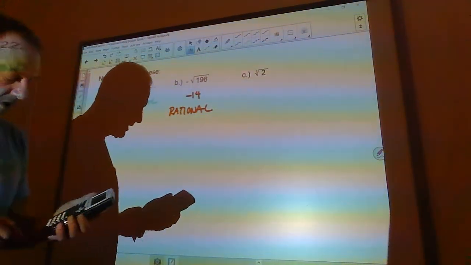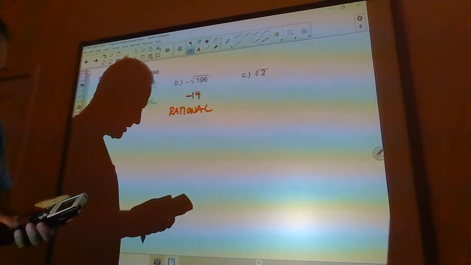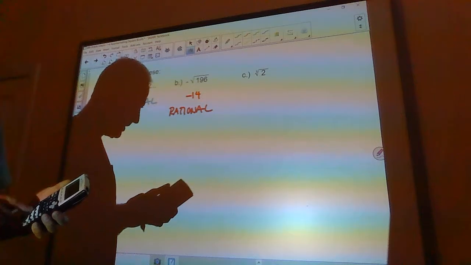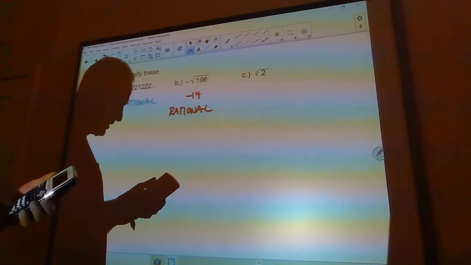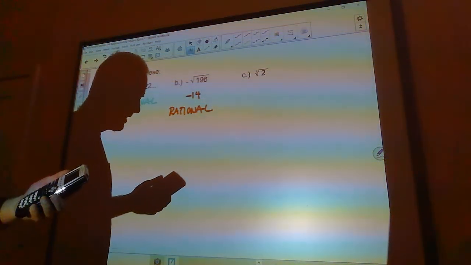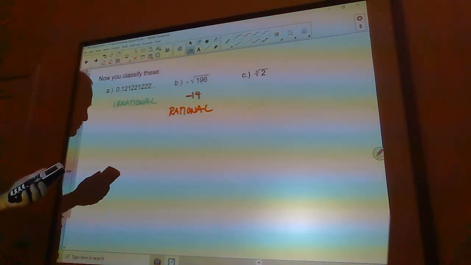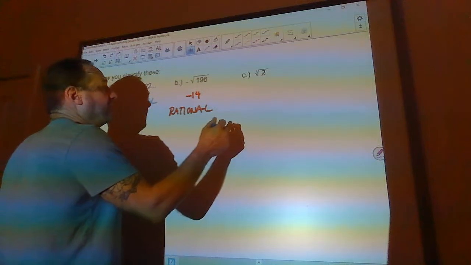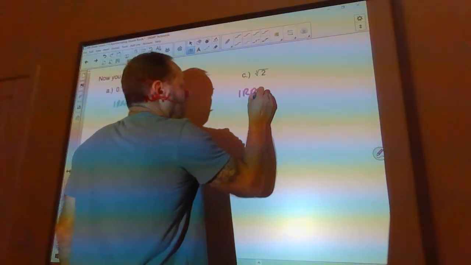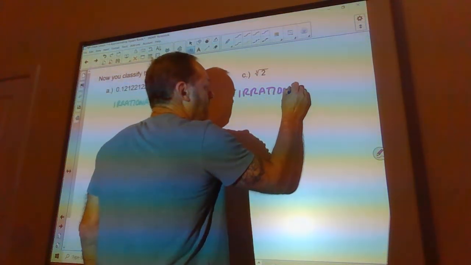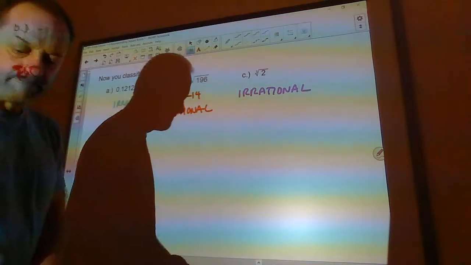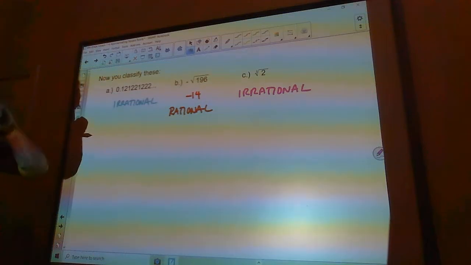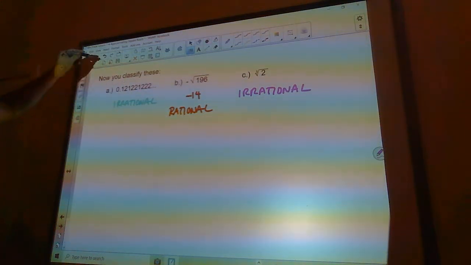If you want a cube root on your TI-84, you can just push math and then go down to number 4, hit 4, and that gives you a cube root, and then you put a 2 in there and hit enter, and it's 1.25992105. And it keeps going, there's no more digits in the calculator for that. So this is irrational. Okay, so you should have gotten irrational, rational, and irrational.